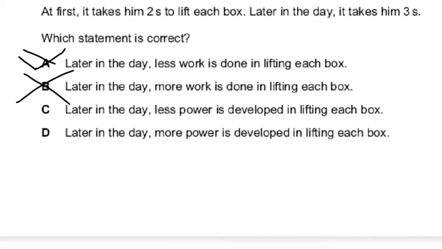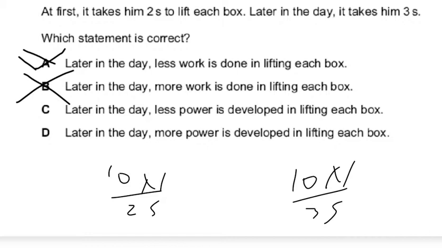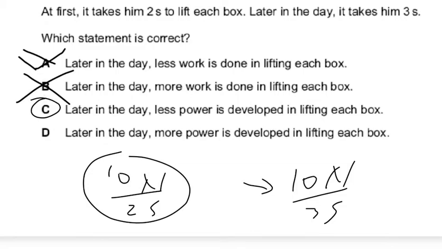So let's just say that they're each one like 10 newtons, for example. So say 10 Newton box divided by 2 seconds versus a 10 Newton box divided by 3 seconds. Which one is a bigger number? It's that one. And this is later in the day right there. So later in the day, it's going to be less power. All right, so that is letter C.